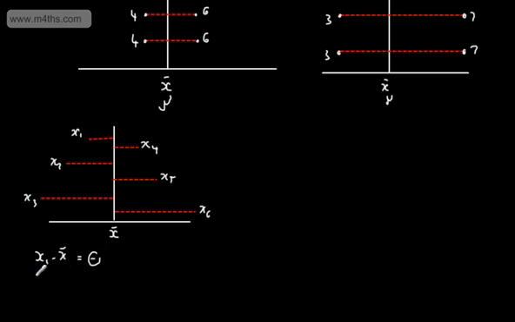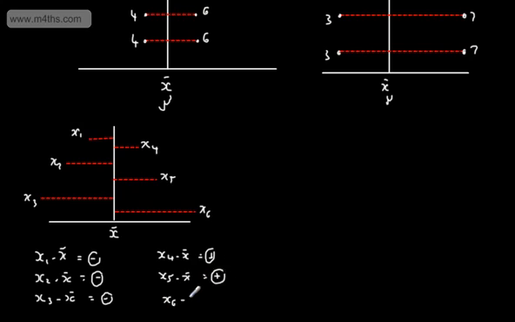If I consider now x2 minus x bar, that too will give me a negative number. If we have now x3 minus x bar, that too will give me a negative number. If I come this side and say x4 minus x bar, that will give me now a positive number. So I've got a positive. I've got now x5 minus x bar, that will give me now a positive number. And then finally x6 minus x bar, too, will give me a positive number.